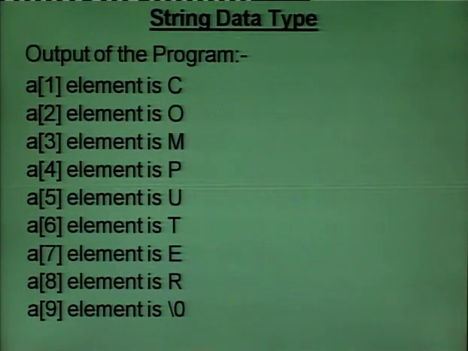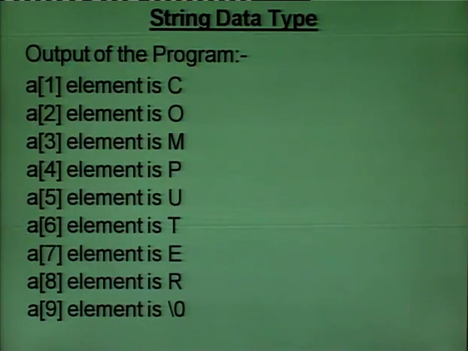These are the elements we have stored into the array, but there is a special element which shows the end of the string data type, that is the null character, represented by \0. That \0 represents the end of the string. Each and every string holds this \0 to complete the string in the variable.